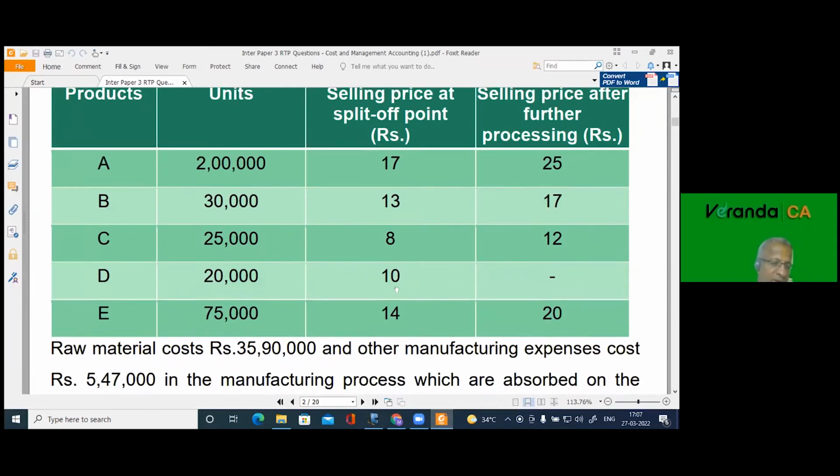What do you mean by net realizable value? We are expected to arrive at the selling value at split off point, and the ability to absorb is based on the sale value. The greater the sale value, the greater the capacity to absorb.